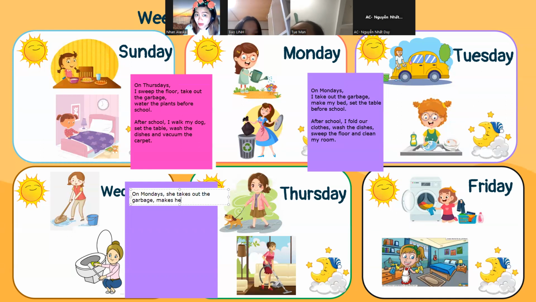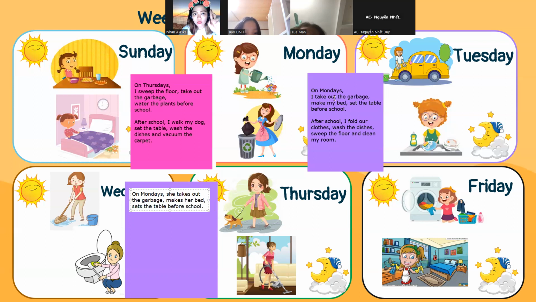It's not "my", it's Baoling's, so "her bed". She sets the table before school. Very good. Now, I do this activity so you understand the difference.